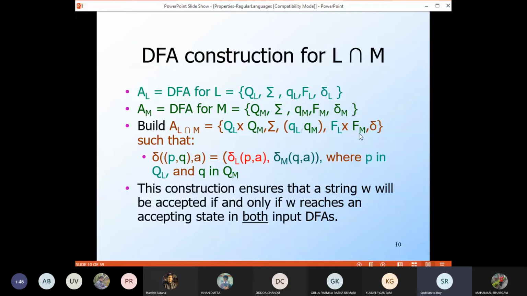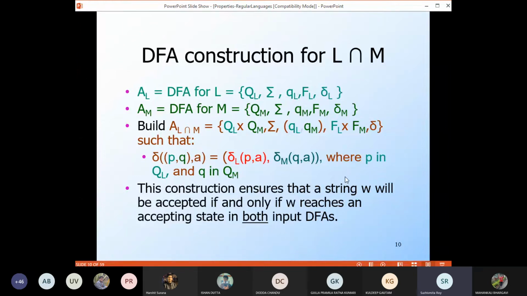Okay, so if you land here, it means you have landed in an accepting state in both the automatons for L and M. That will give the final states for the product automaton. And delta, of course, we have to define such that the first component is taken from the delta of L and the second component comes from the delta of M, where P is in QL and Q is in QM.